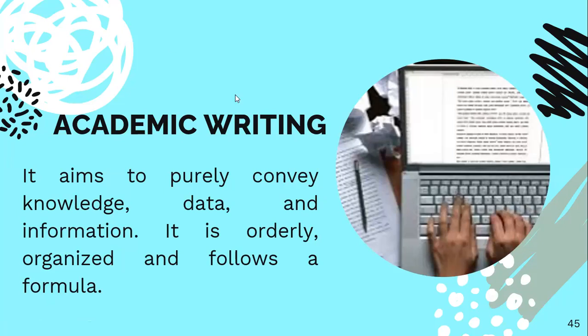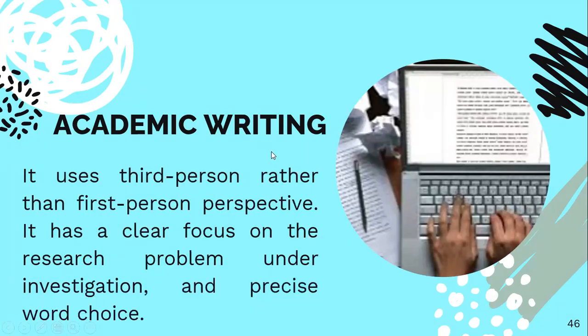Just like what I was trying to say a while ago, academic writing aims to deliver information. Okay? So one of your examples were your textbooks. Generally, it is a rule in academic writing that you will have to make use of the third person point of view.